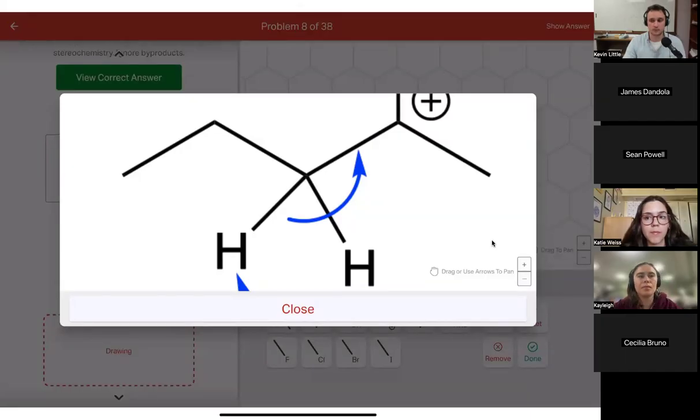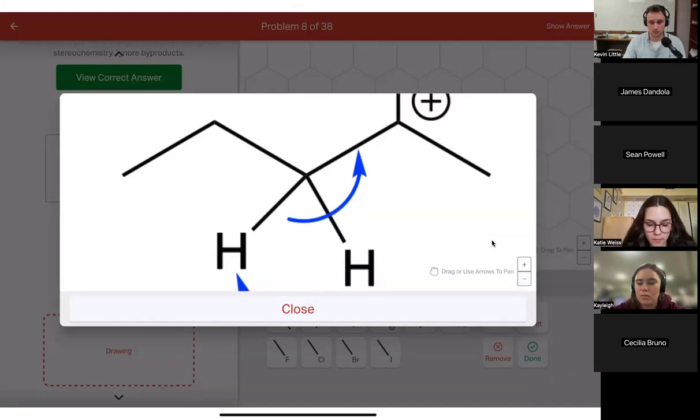Arrows show the movement of what? The movement of electrons. Where are the electrons? The hydrogen is not electrons. The carbon is not electrons. Where are the electrons? It's the bond. That bond. Do you see that?